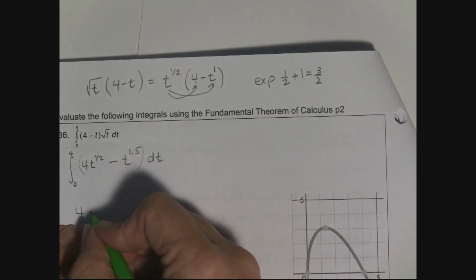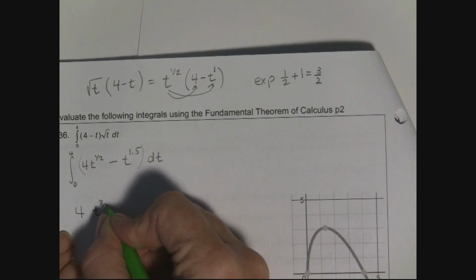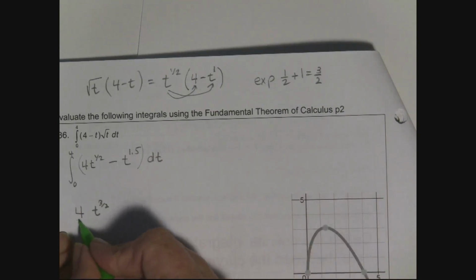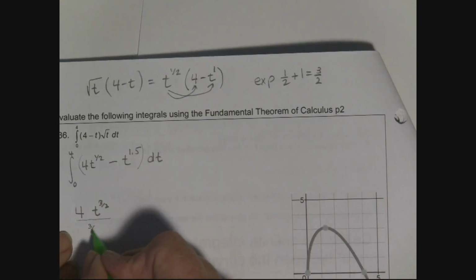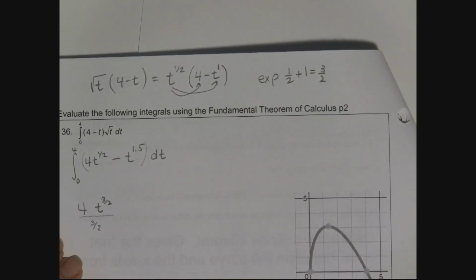So this is going to become t to the 3/2. And then what you would do is divide by 3/2, right? Because you divide by the same darn thing.